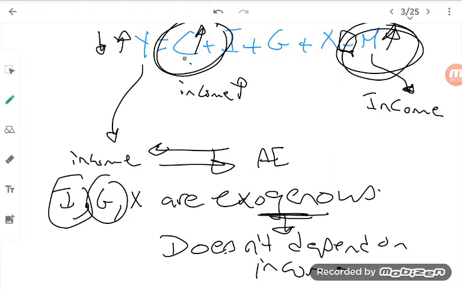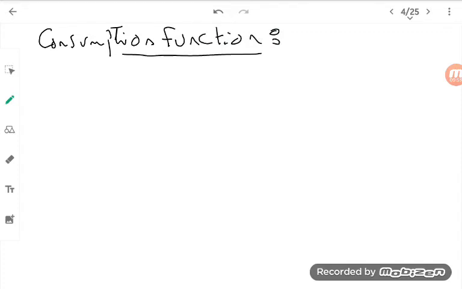So now we are going to start with C. We would like to know how C is affected by income and how it will affect income as well. C, which is consumption expenditure, or the consumption function, is a function of income.